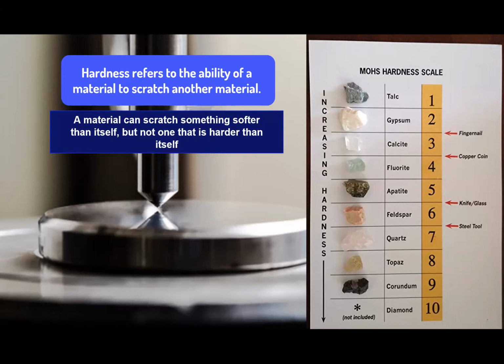You cannot ask quartz, number 7, to scratch a diamond. The quartz will break because it's not as hard as a diamond. Our copper coin is usually between 3 to 4. So we can use a copper coin to scratch anything below 3, like 2 or 1.